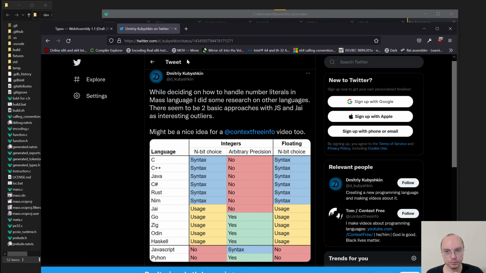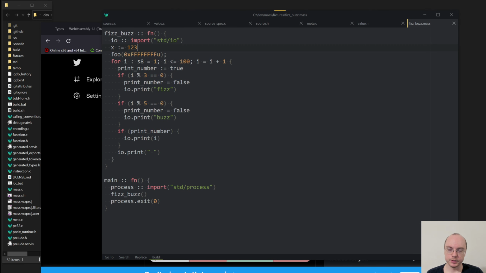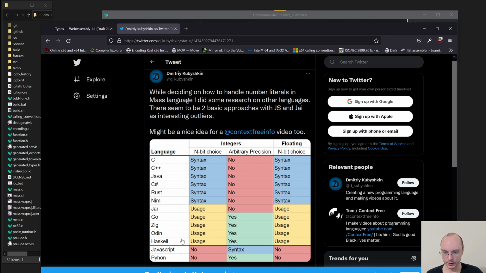Again, newer languages usually just allow you to do this kind of stuff, even in cases of foo, and then they just check by the sort of required number of bits of the value if it will fit into a specific range or not. And these languages just deal like this with it.